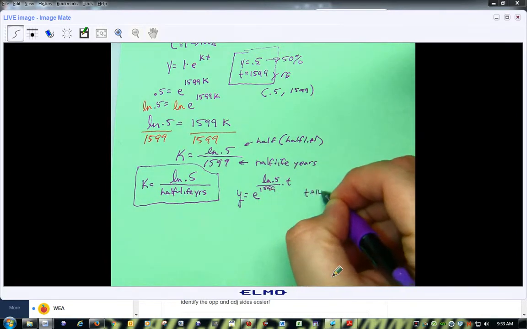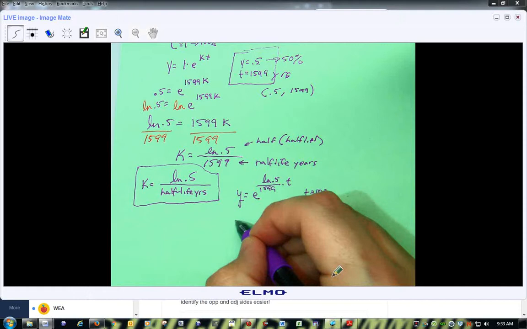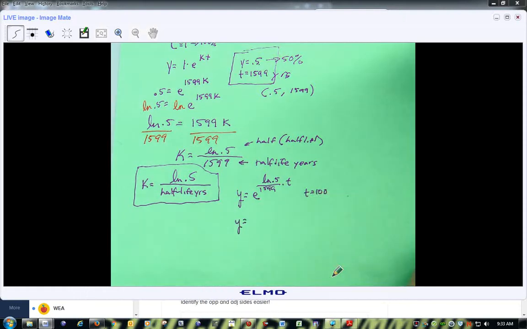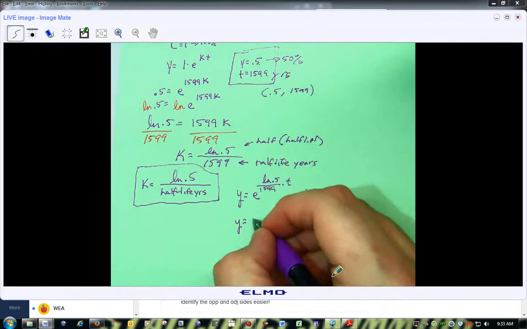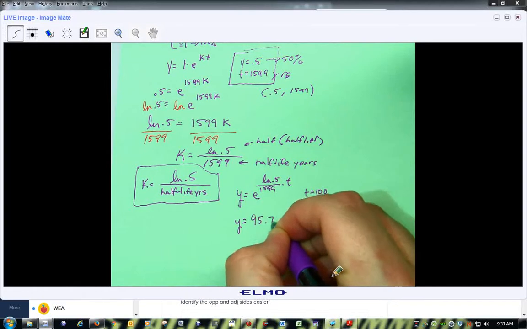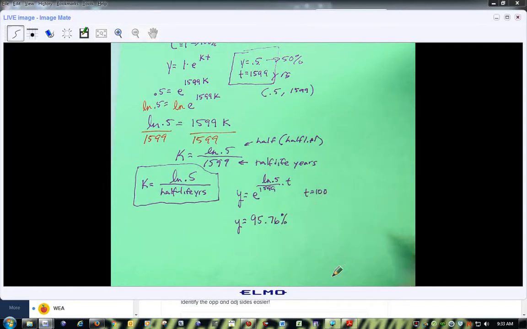So I plug that in, and y was equal to, I'll let you guys play around with the calculator, 95.76%. So there's less than 5% that has decayed after 100 years.